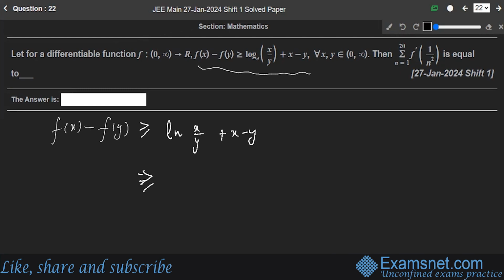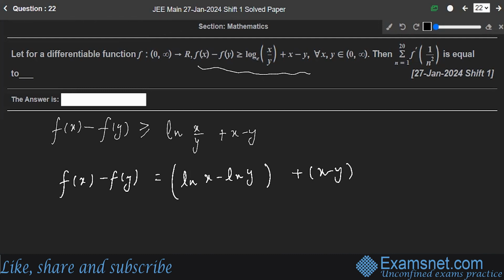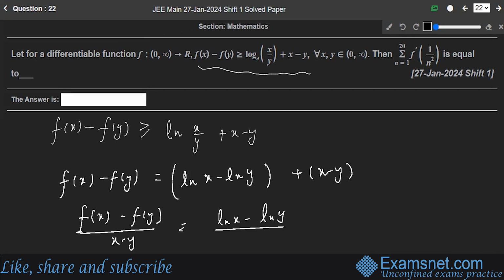This can be written as f of x minus f of y is equal to log x minus log y plus this. Dividing both sides, you will have f of x minus f of y upon x minus y is equal to log x minus log y upon x minus y plus 1.